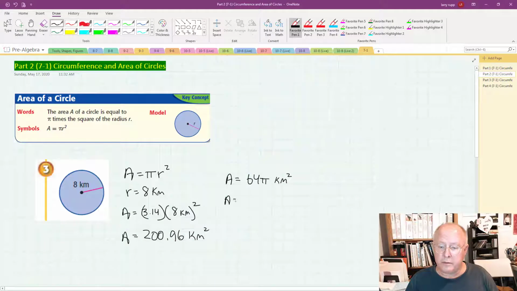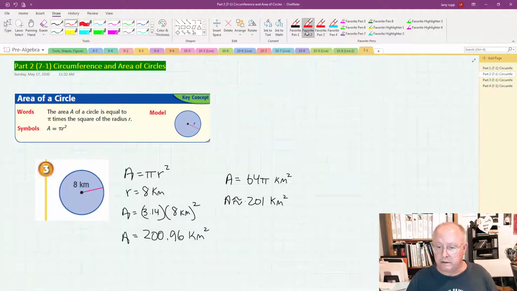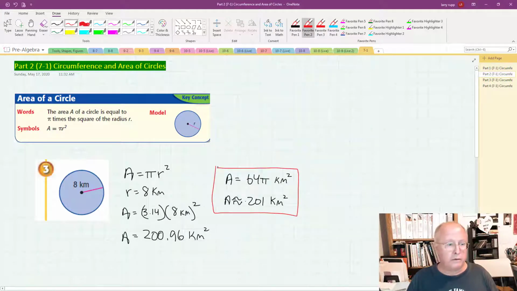Well, once you take pi and put it into 3.14, okay, then this is going to be approximately equal to 201 square kilometers. Now, the book will say 201.1, and I believe that's a typo because if you round this correctly, it's 201. All right, so that is the two answers for this.